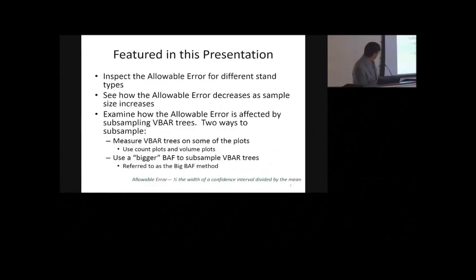If I subsample my trees these two different ways, I might choose to use count plots and volume plots, so we'll see the effect that has on the allowable error. And then if I subsample my trees using a big BAF method, we'll see how that changes my allowable error.